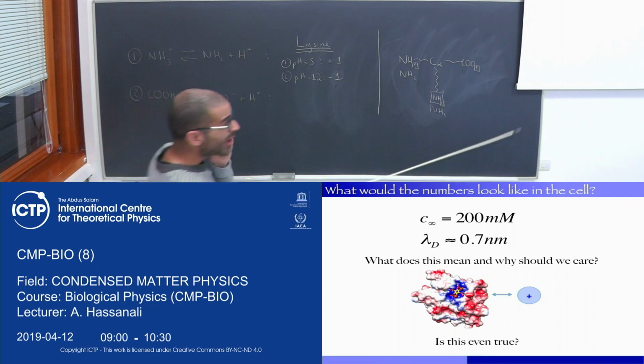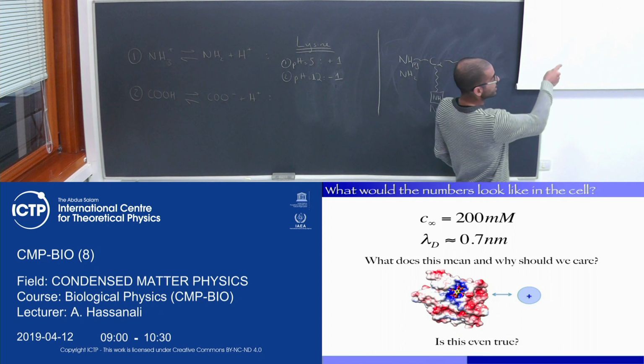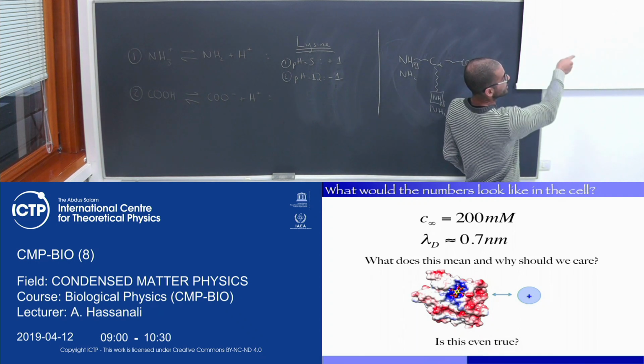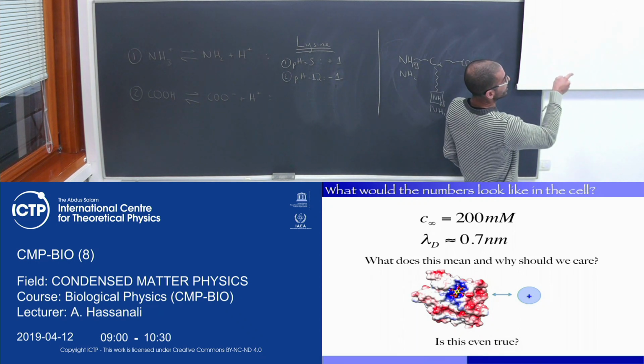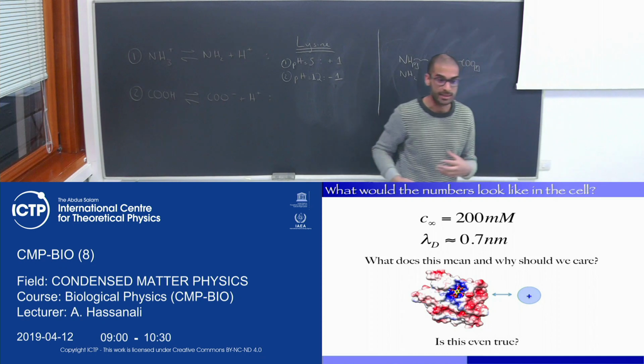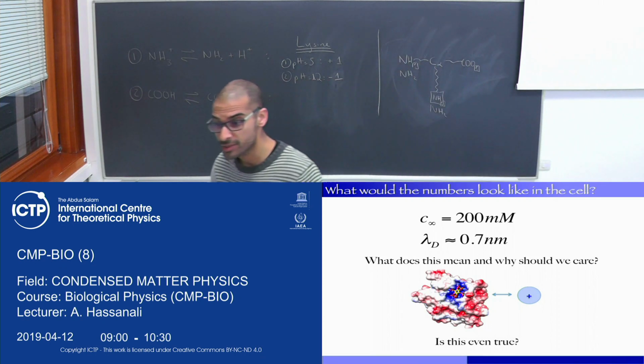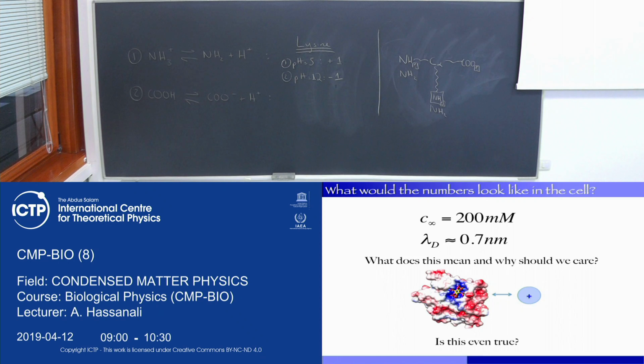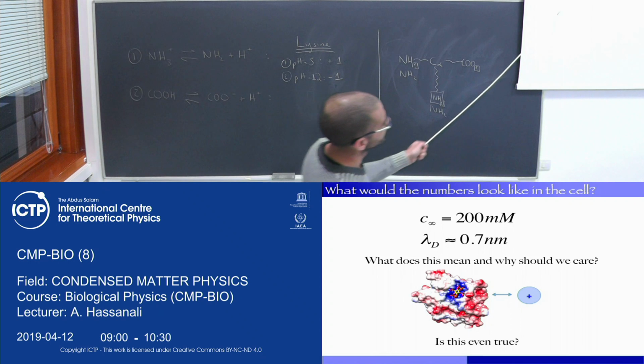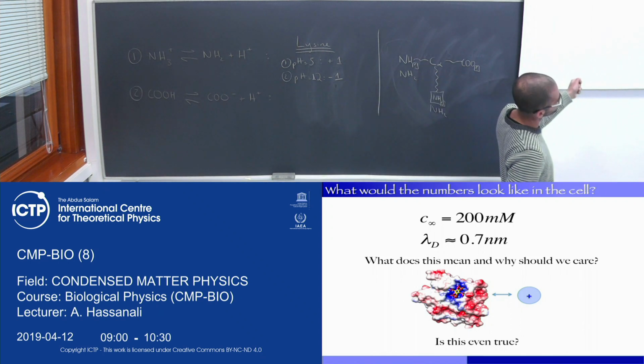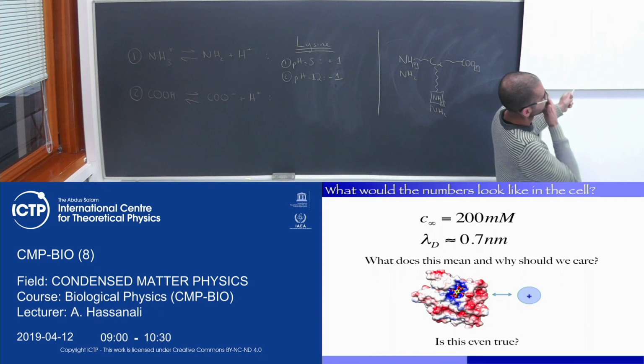Okay? So, for a surface which had a lot of local charge density with specific interactions of the ions near the surface, this is likely to break down. If there are not many specific interactions, then this mean field theory works reasonably well.